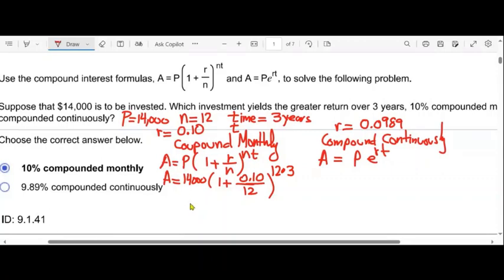Now use the calculator and tell me how much the answer is. And I'm going to write the second one here until you find the answer for the first part. Plus, open brackets, 0.0989 over 12, close the bracket over 12 times 3.